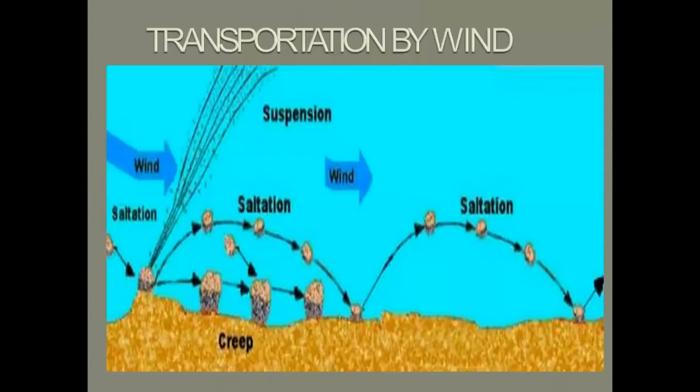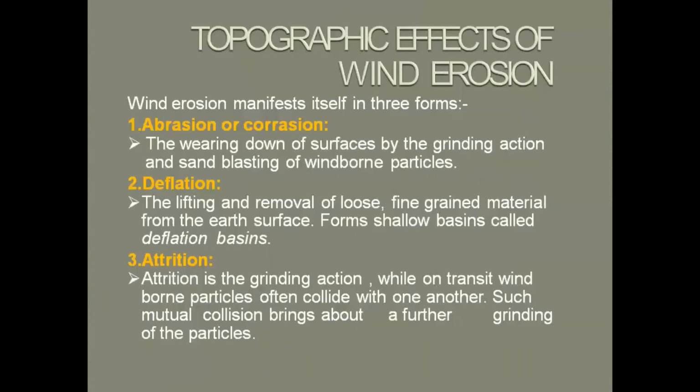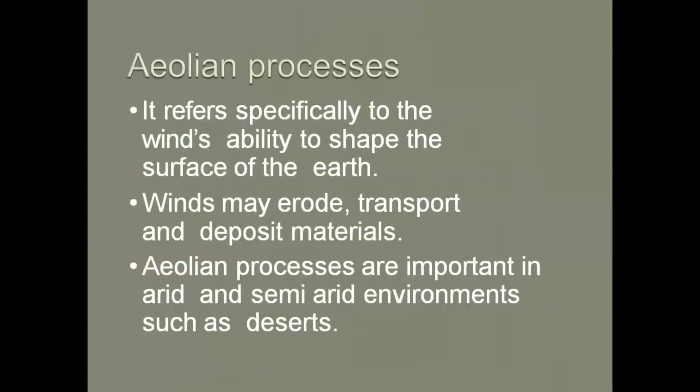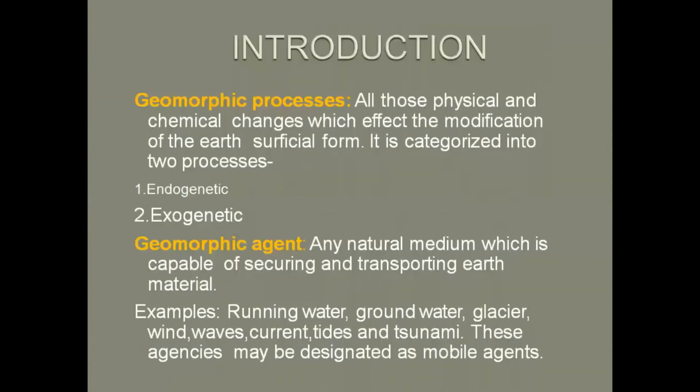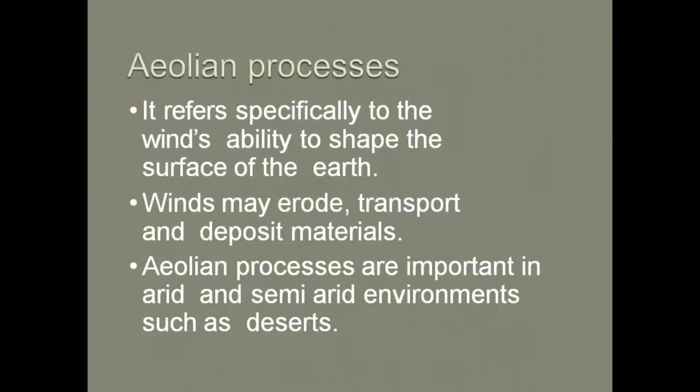Today's class, the one-liner is that wind is also an important part of geomorphic processes, and I hope you are also doing it in your assignment, because geomorphic processes include endogenetic and exogenetic, and wind is part of exogenetic.